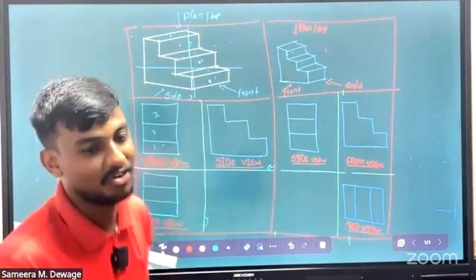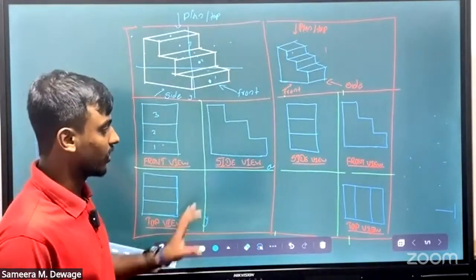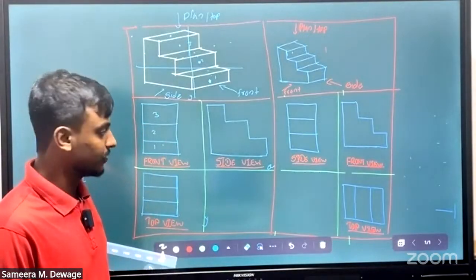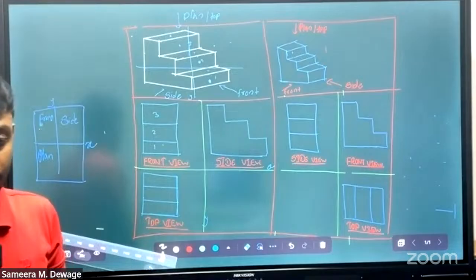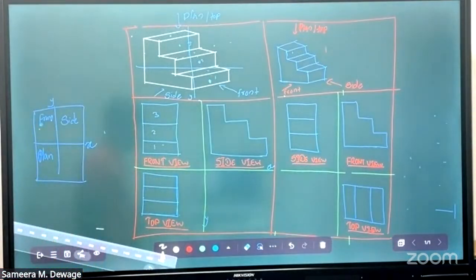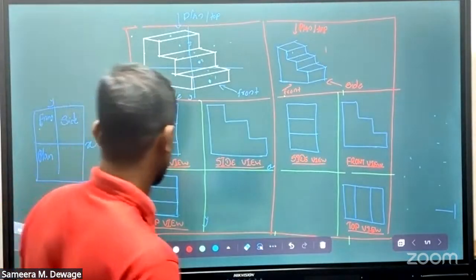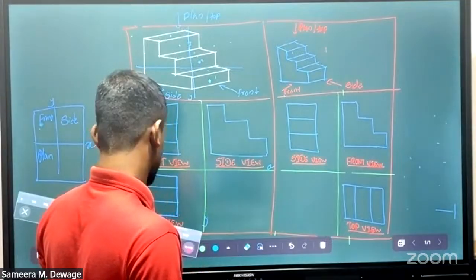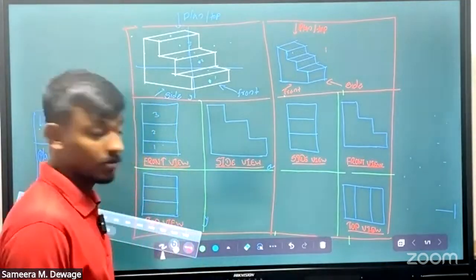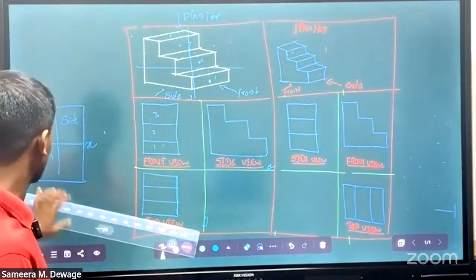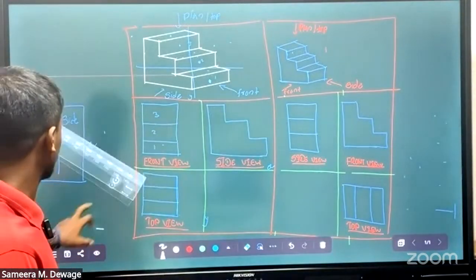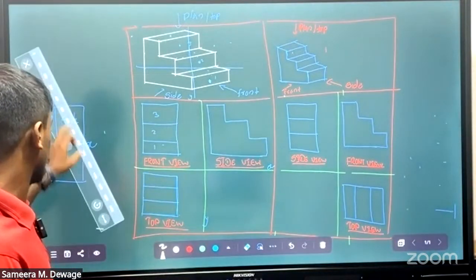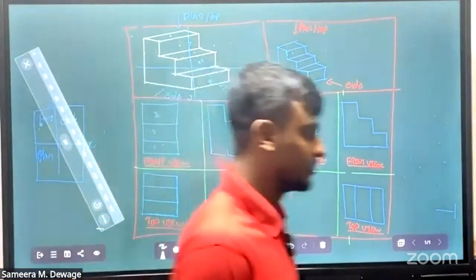Okay, Vivek. Right. Please copy this. You need to copy this quickly.